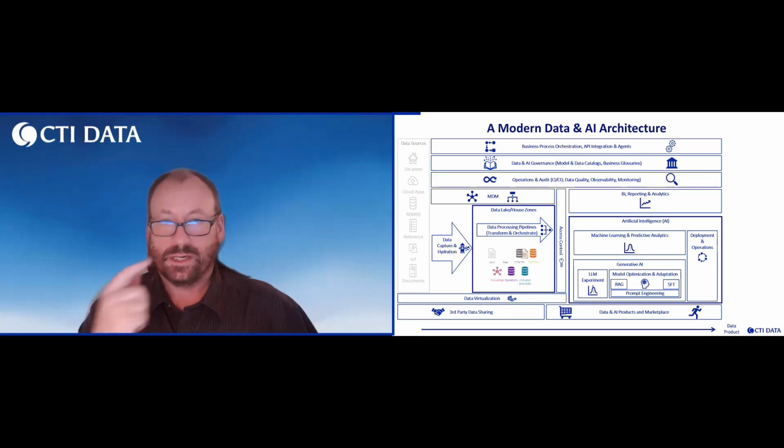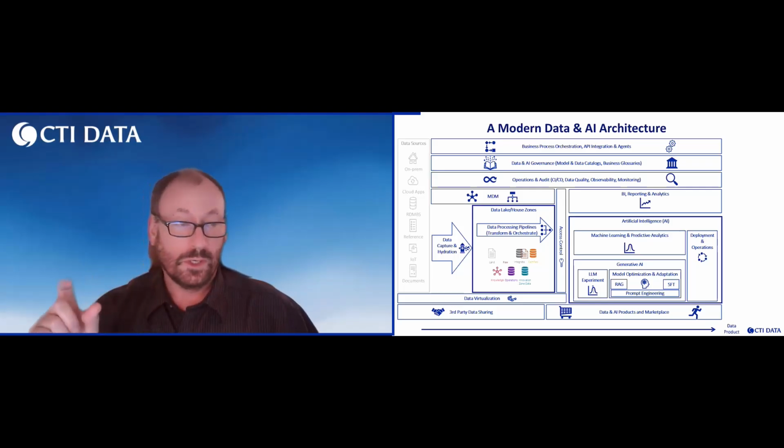Lots of information here, but at a high level, we define a modern data and AI architecture as a platform and environment that addresses the full life cycle of data management, from data curation to analytics to AI to governance, an architecture that really enables data-driven decision making across the business, leverages innovation, accommodates change, drives data democratization and self-service, and really treats data as a strategic asset.